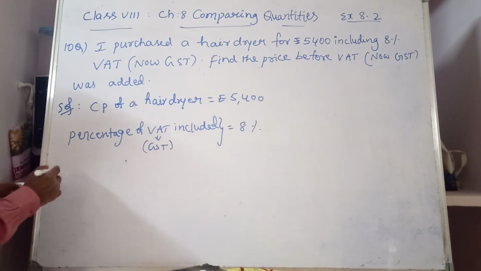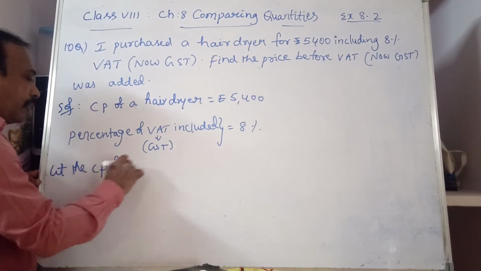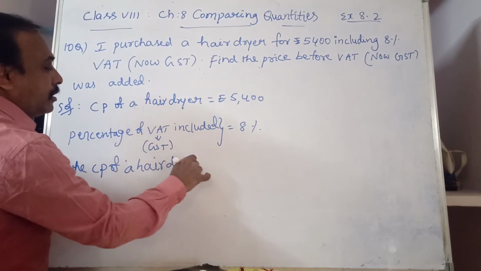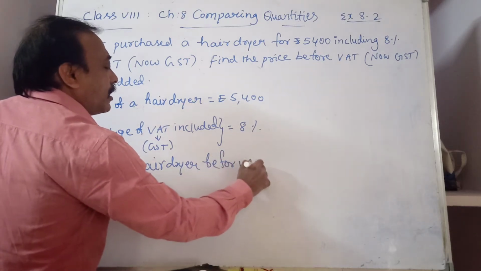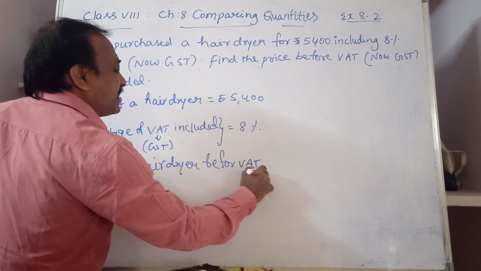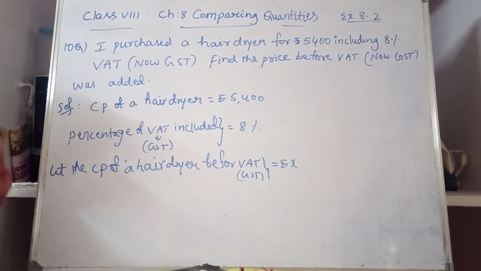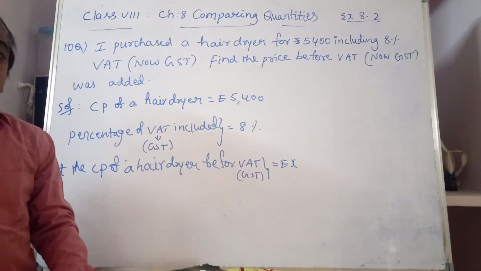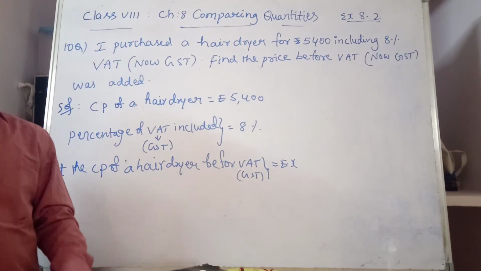So let the CP of the hair dryer before VAT, now called GST, be rupees X. Totally how much did he pay actually? Actually 100%, and on that 8% extra. So 108%, 100 plus 8.